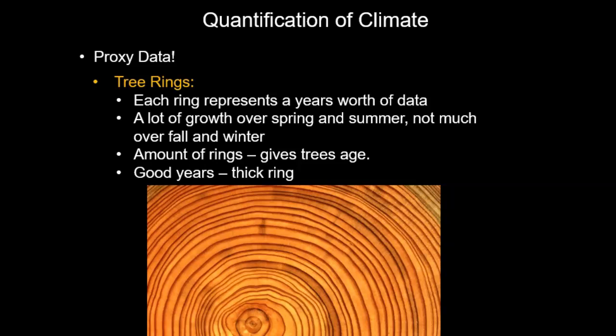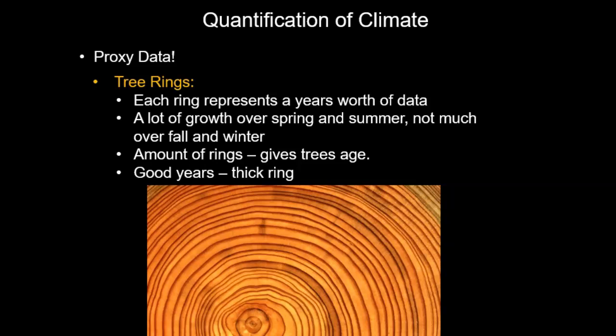However, as you can see in the image, not all of those rings have the same thickness. Some of them are much larger than others. The thicker rings represent more favorable conditions for growth, which, depending on the tree species, may mean that the temperatures were warm or cool, or the conditions were wet or dry. Or it could be a combination of these factors, depending on the species of trees in which you're measuring the tree rings.